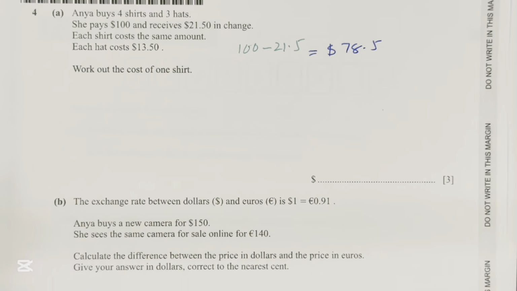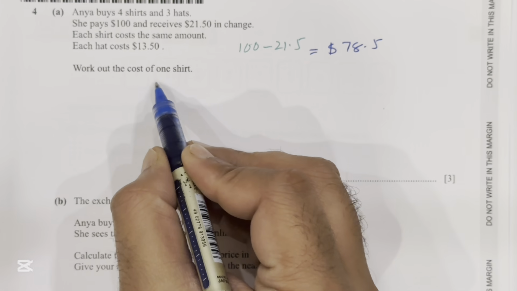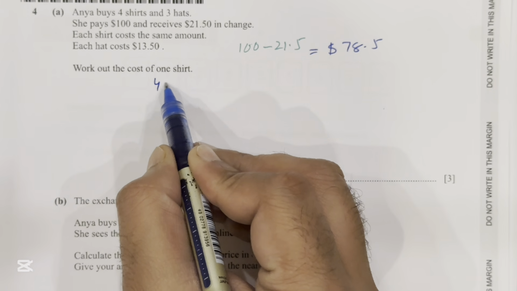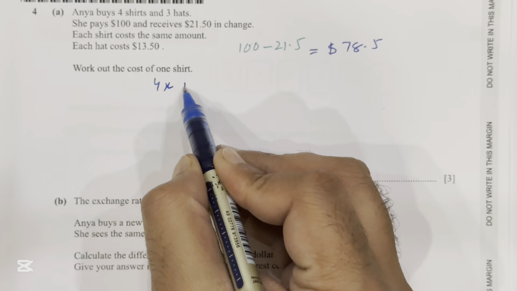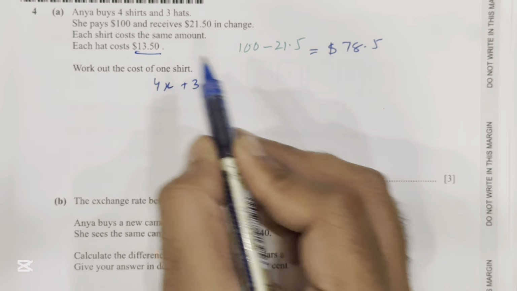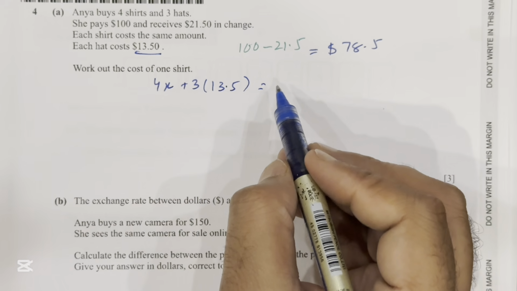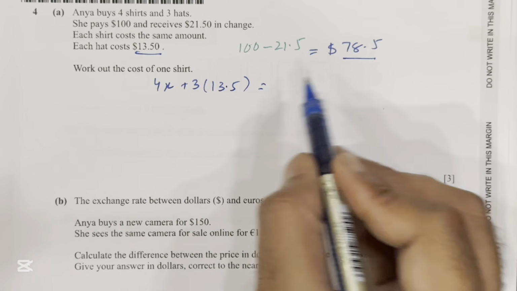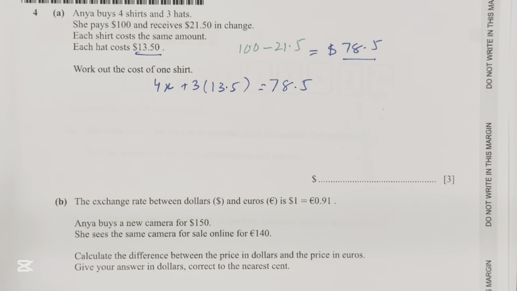78.5. Okay. Now we know that Anaya buys 4 shirts, and if one shirt has a price of X, it would be equal to 4X. And 3 hats, we know the hat is costing 13.5, and the amount she spent, that we just calculated, is equal to 78.5. So this is how we have made our equation.